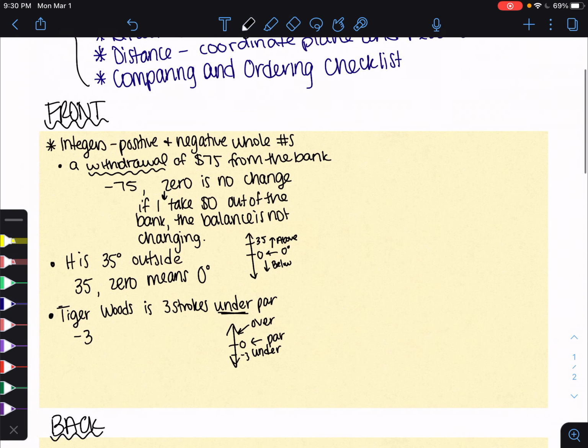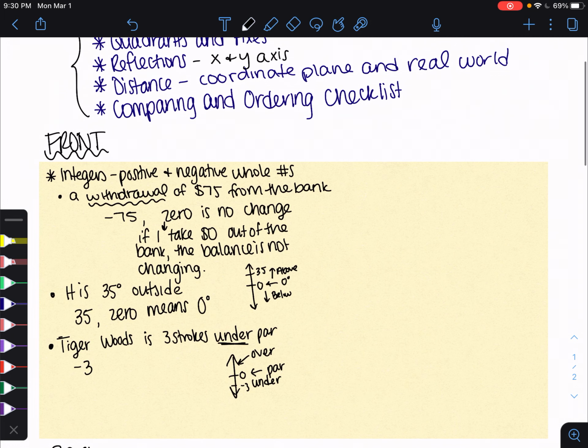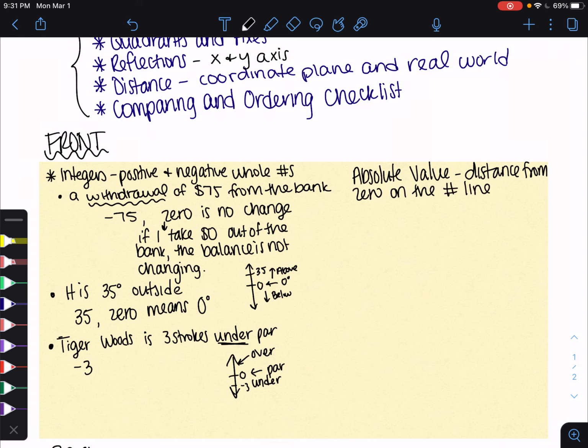The next thing is absolute value and opposites. Absolute value is the distance from 0 on the number line. So if I have the absolute value of -5, that distance is going to come out as 5.